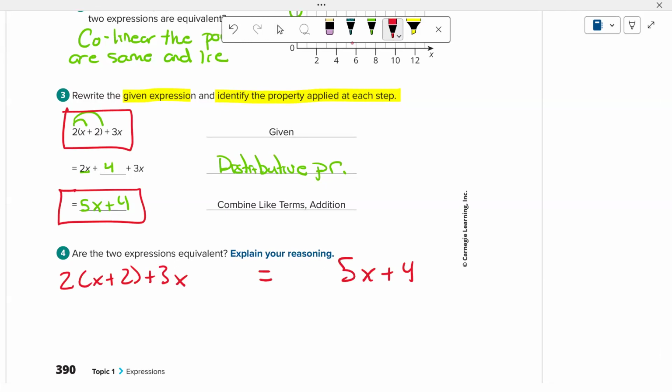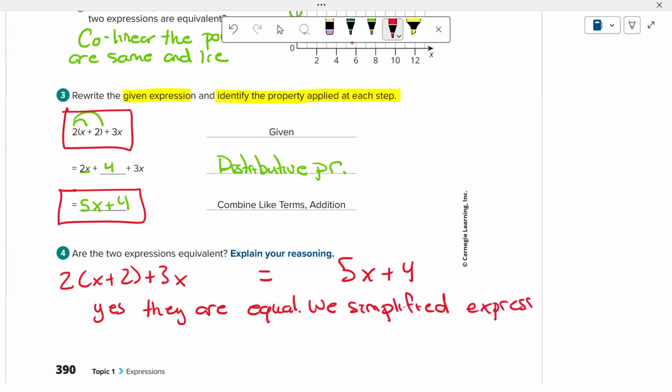All I did was simplify this expression. This is just written in simplified form. Yes, they are equal. We just simplified the expression. Very straightforward.